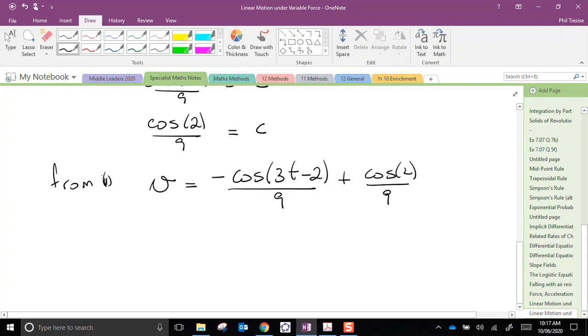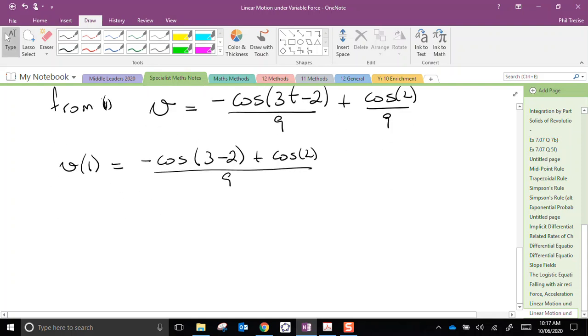And then we were supposed to calculate the velocity of the object when t equaled 1. So the velocity when t equaled 1, well, we'll literally substitute here, won't we? Negative cosine of 3 times 1 is 3, take 2, plus the cosine of 2, and it's all over a common denominator of 9.